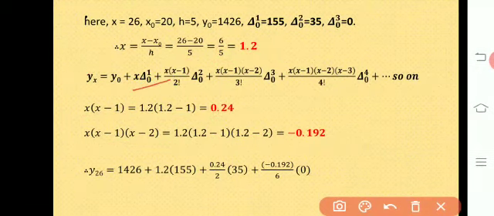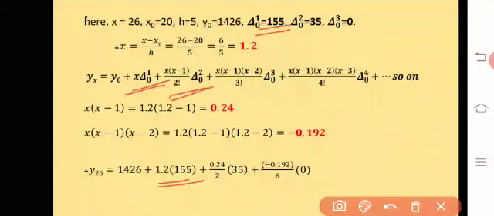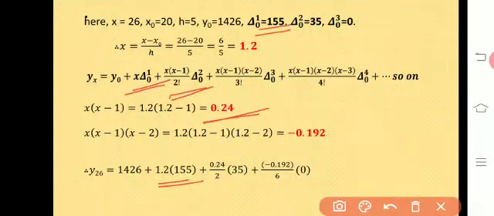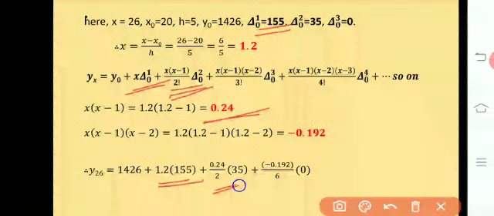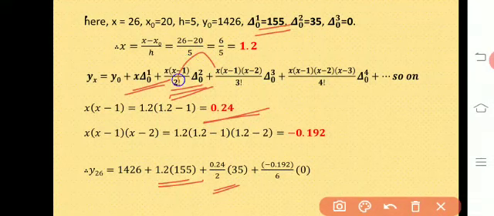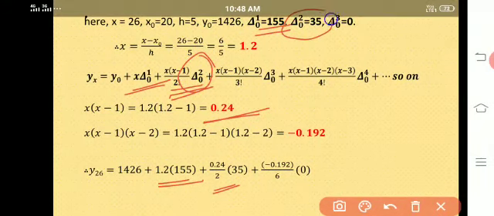That is 1.2 into 155, plus x into (x minus 1) upon 2 factorial. So x into (x minus 1) is 0.24 upon 2 factorial, which is 2 into 1, so 2, into delta 0 square, and delta 0 square is 35.